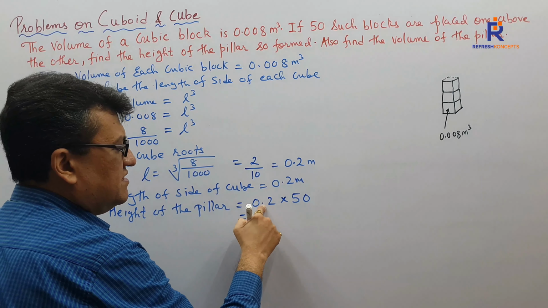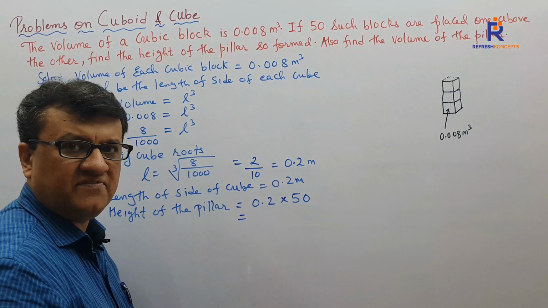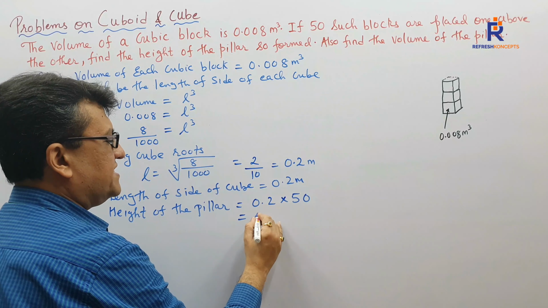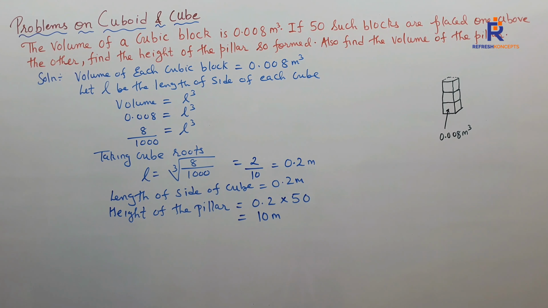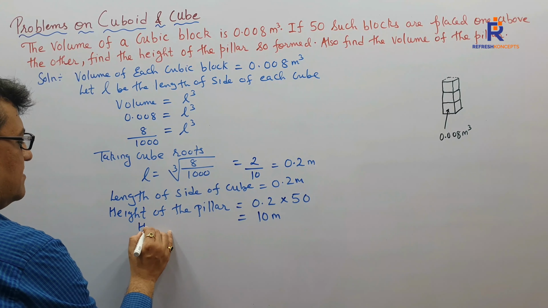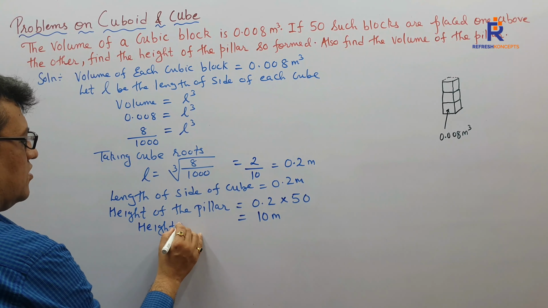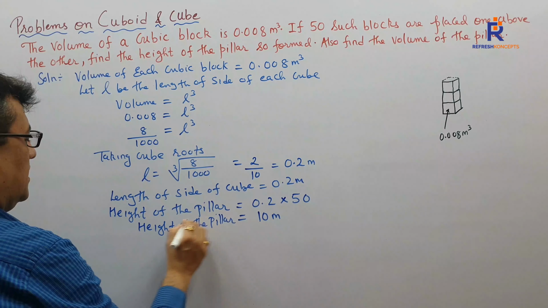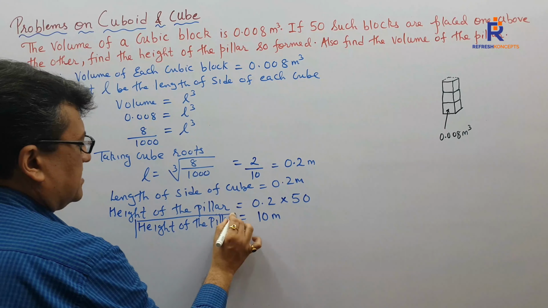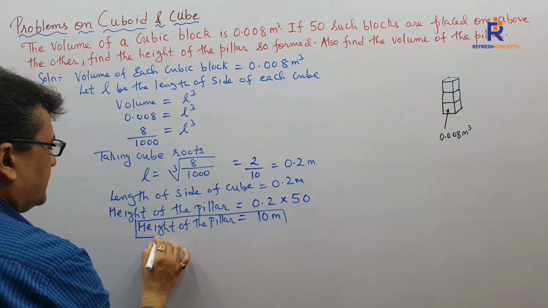Now this decimal and this 0 will take care of itself. I'm left with 5 2s are 10 meter. As simple as that. Height of the pillar is 10 meter. Let me box it out as one of the answers.